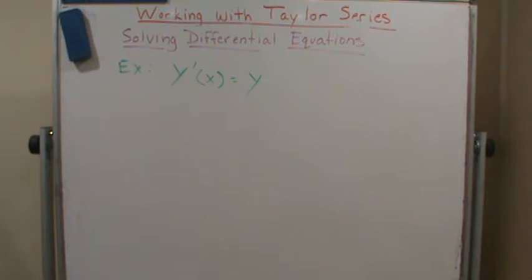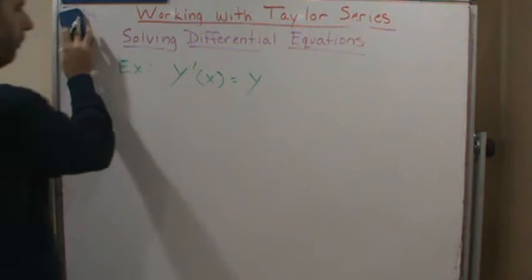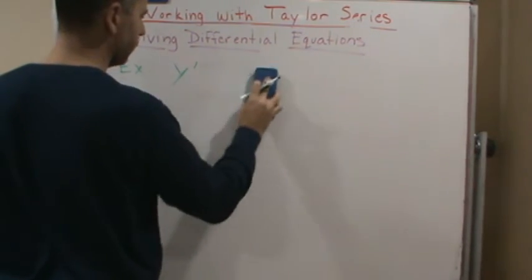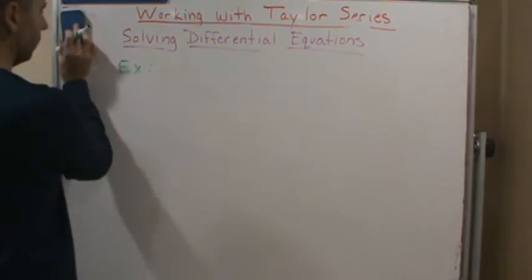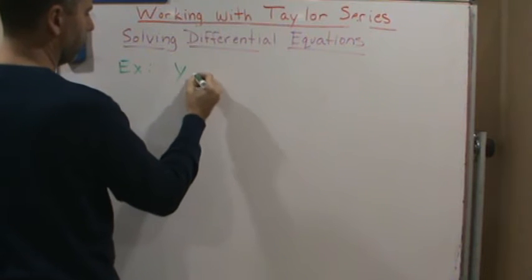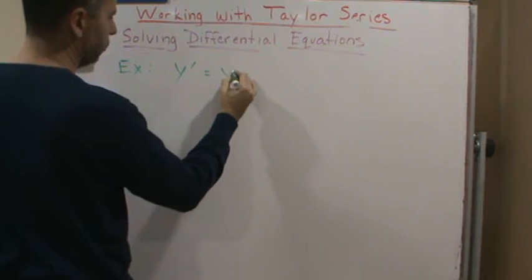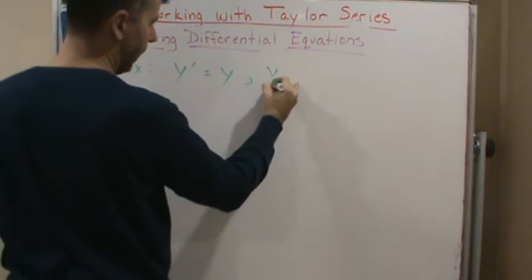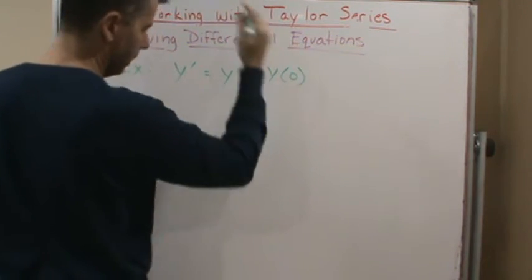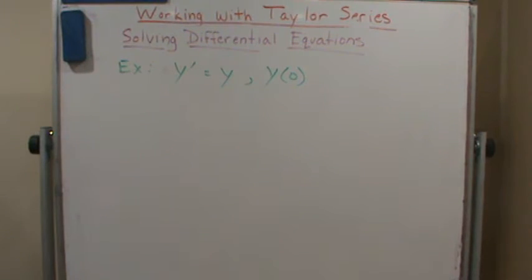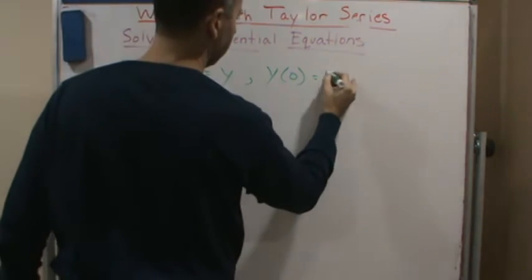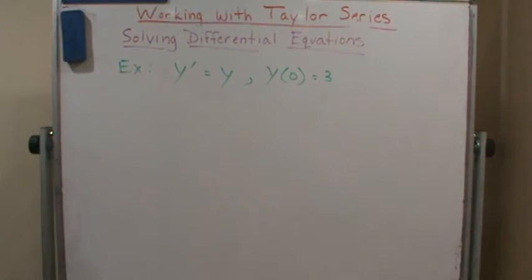We'll say y prime equals y, and y of 0 equals 3. That's what we're going to start with.